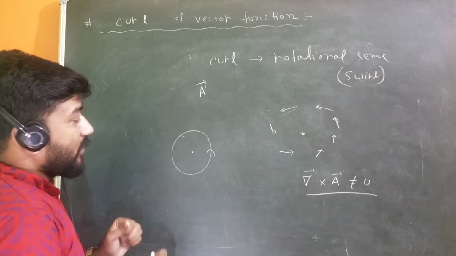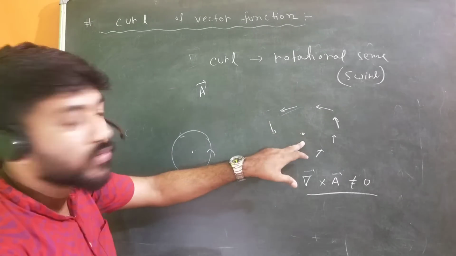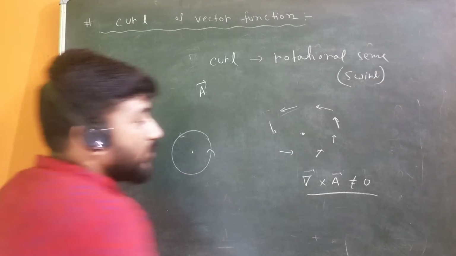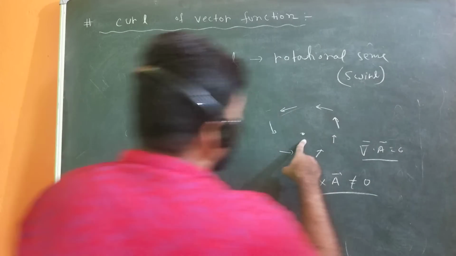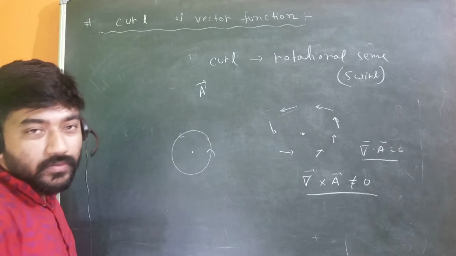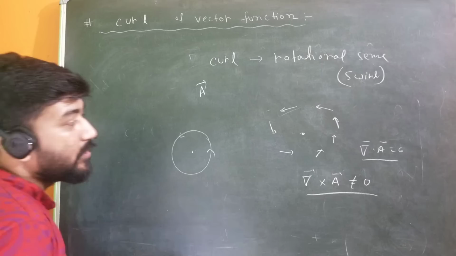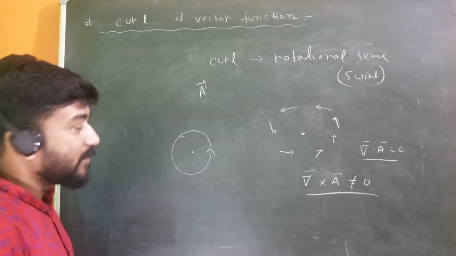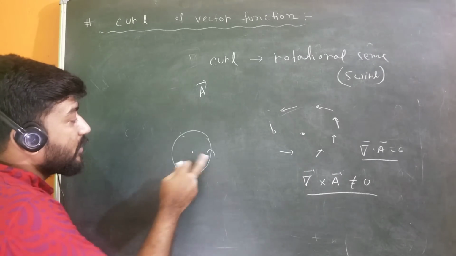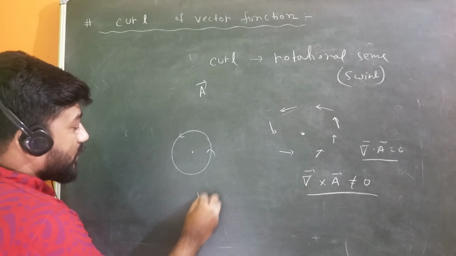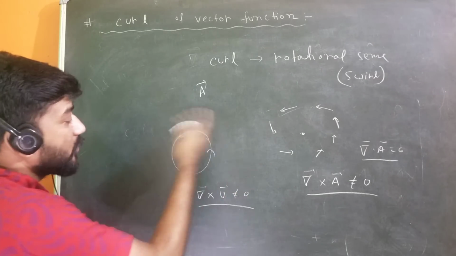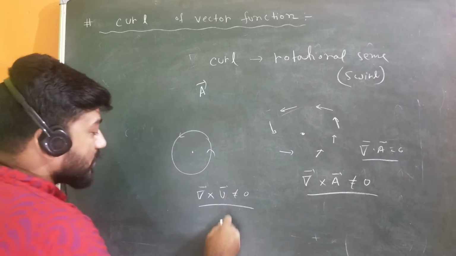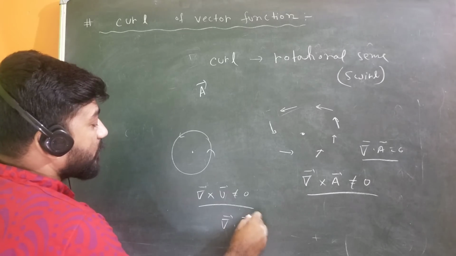So here curl of A is not equal to 0, but obviously divergence of A will be 0, because from this pictorial view there is no source or sink, and the field will be solenoidal. Similarly here, the curl of the velocity vector v will not be 0 because there is a rotational sense, but the divergence of v will be 0.